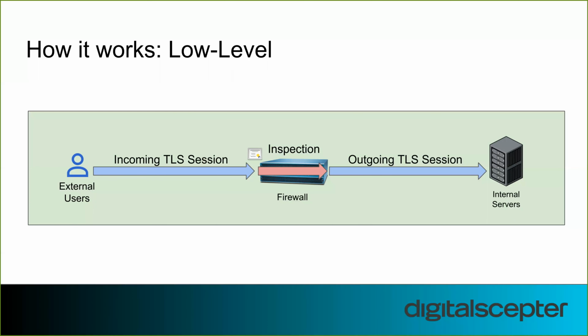So from both sides' perspective, nothing has changed. There's a very minimal footprint here, so you don't have to change any settings on the server side. All you have to do is load that certificate and configure it on the firewall.